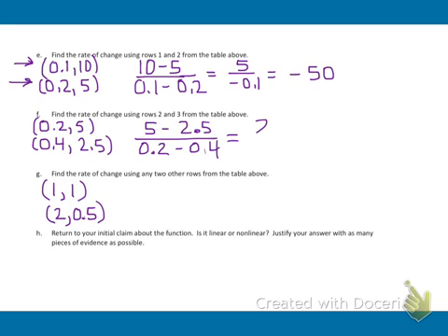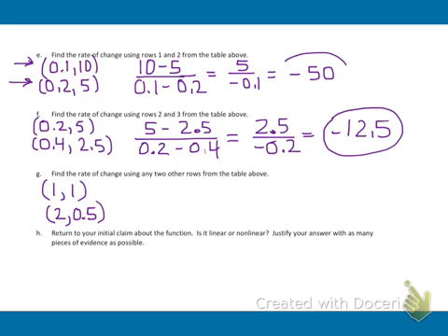So we've got 2.5, did that subtraction, over -2/10. So this is -12.5. So still a steep slope, but quite a bit less.